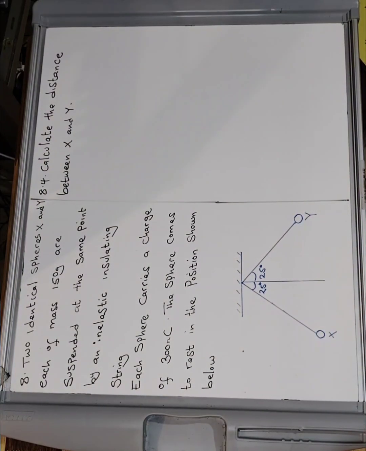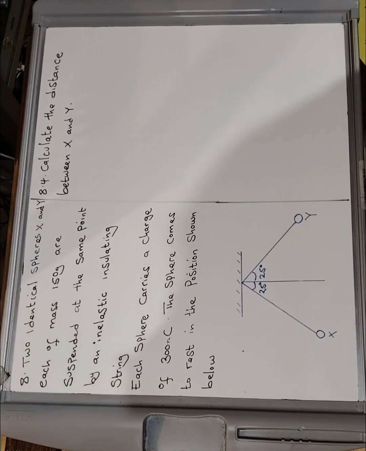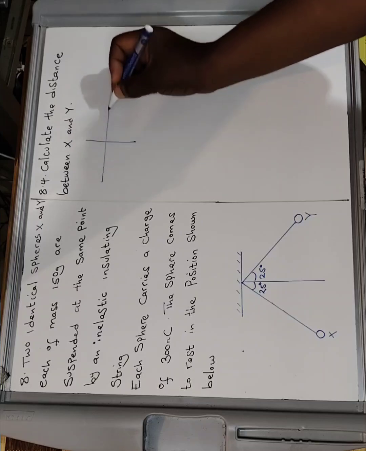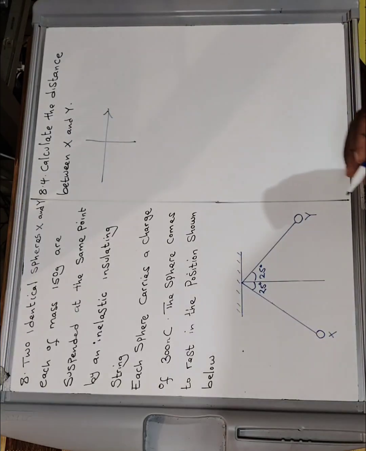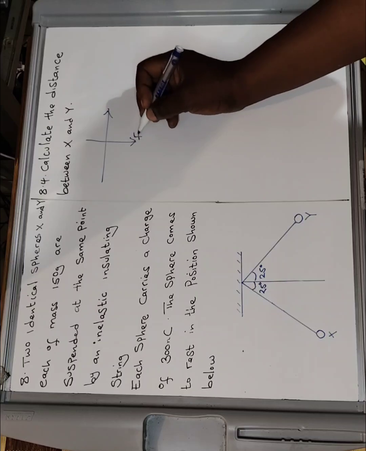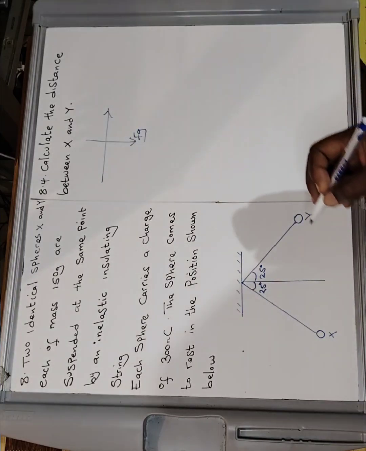Then comes the next question. It says, calculate the distance between X and Y. Okay, how do you go about that one? We have to remember that we ended up with this, and we said that this one is Fg.